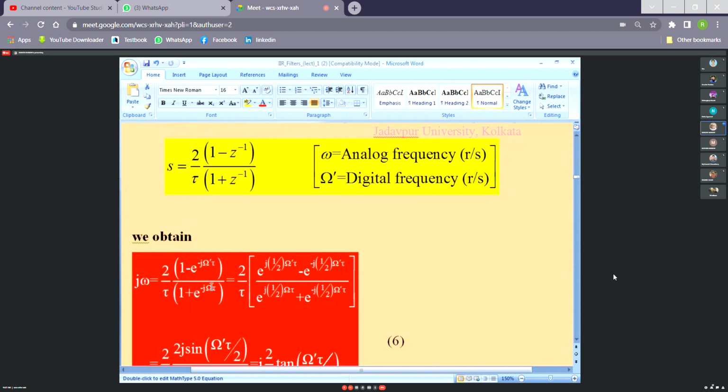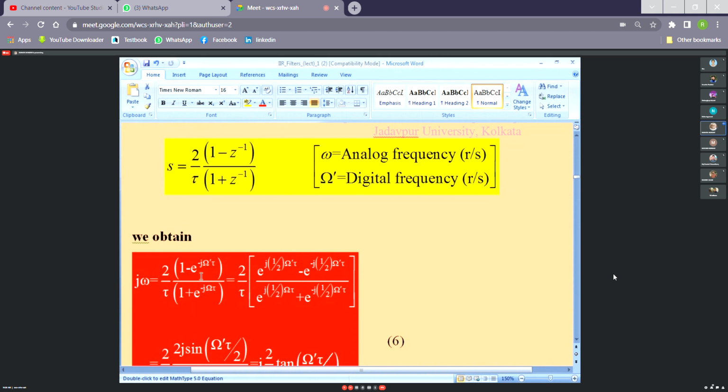Actually, in my lecture, I represent frequency in radians by capital omega. That is why I have used a different symbol here, capital omega prime, to represent frequency in radians per second. So here it should be capital omega prime, here also prime, there also prime, obviously the same.